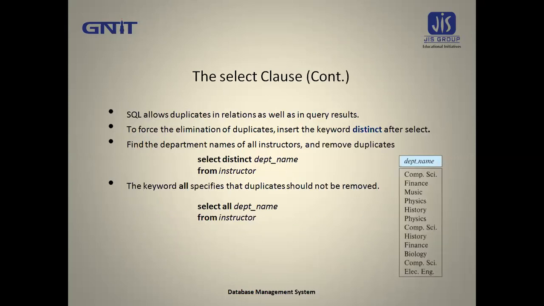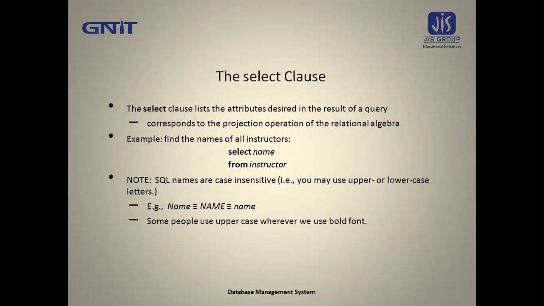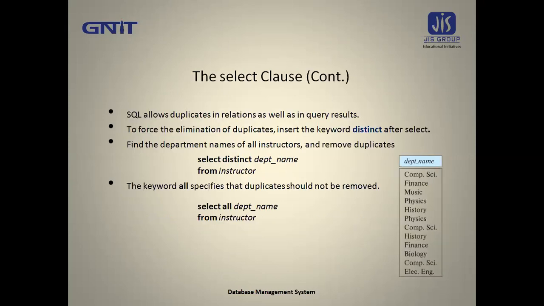So just to say elaborately, you can see that there are duplicate values in the relations because SQL allows them. So if you write select department name from instructor, as in the instructor relation there are multiple instructors who belong to the same department, the result will look like this.